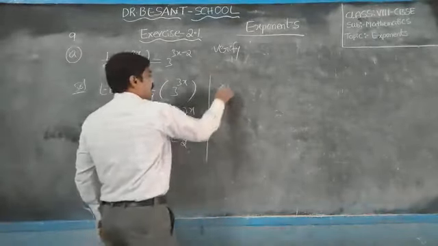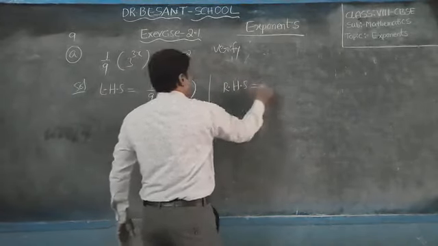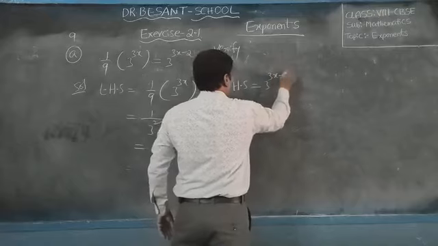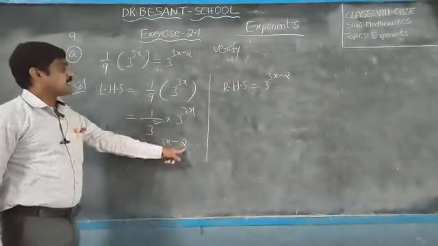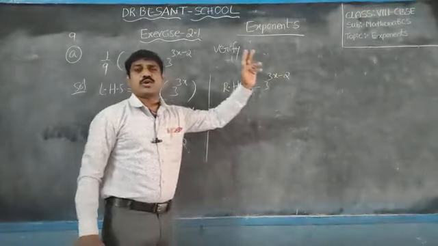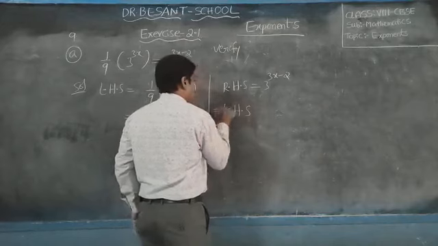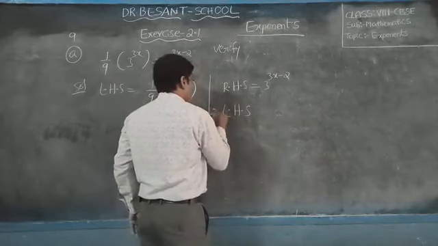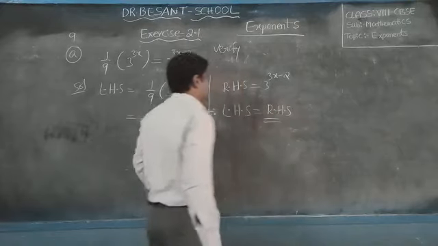Next, RHS is equal to 3 power 3x minus 2. Therefore, LHS is equal to 3 power 3x minus 2, RHS is equal to 3 power 3x minus 2. Therefore, LHS is equal to RHS.